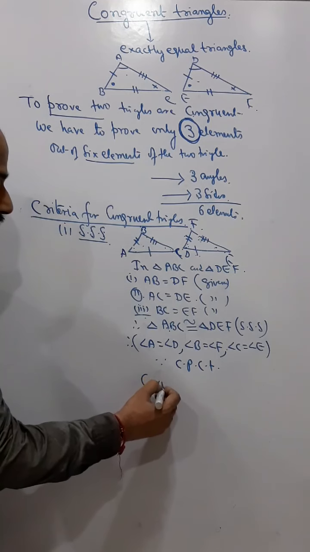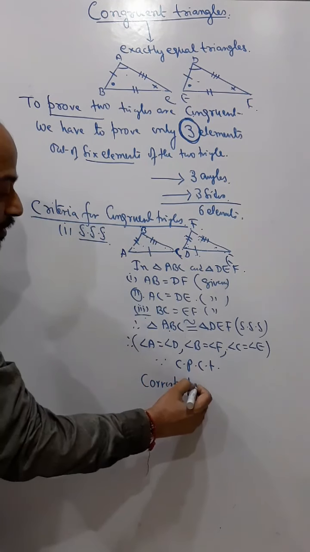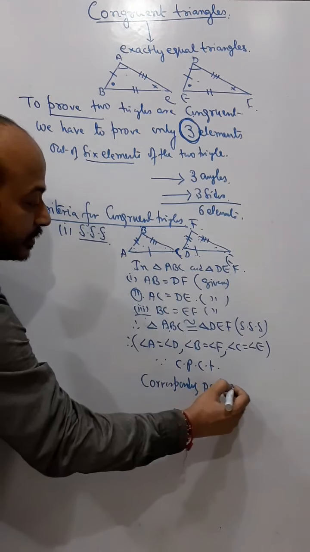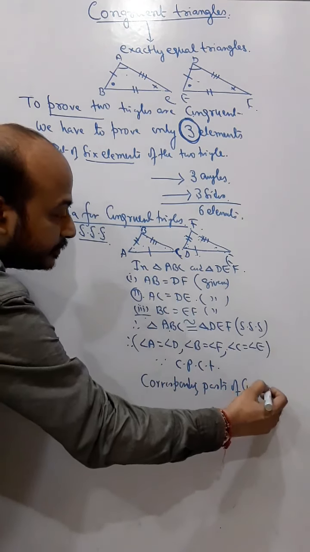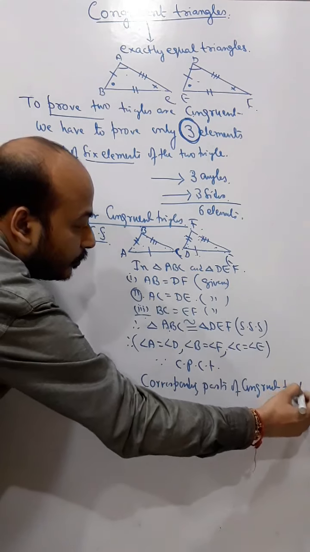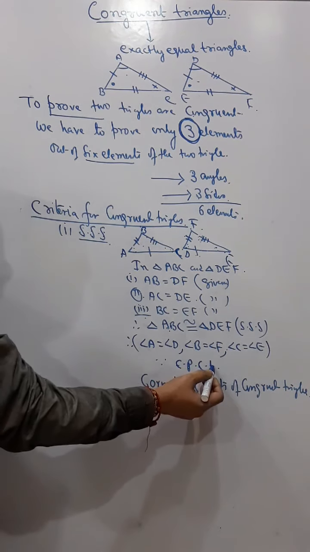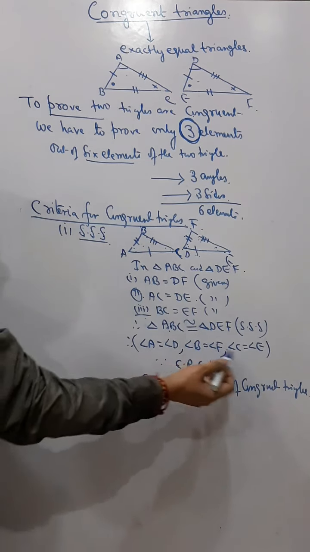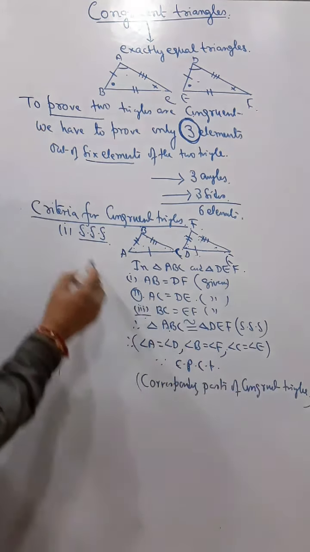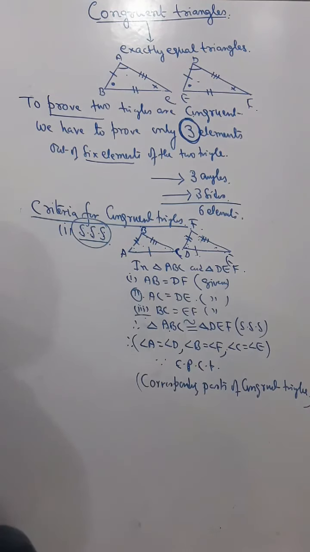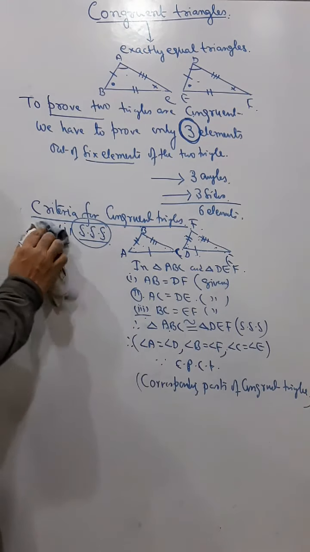This means corresponding parts of congruent triangles. Since they are corresponding parts of congruent triangles, therefore they are equal. Understand? So this is the first criteria, SSS. When three sides are equal, then we say that the triangles are congruent to each other.